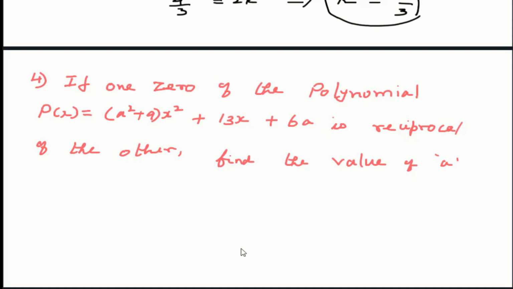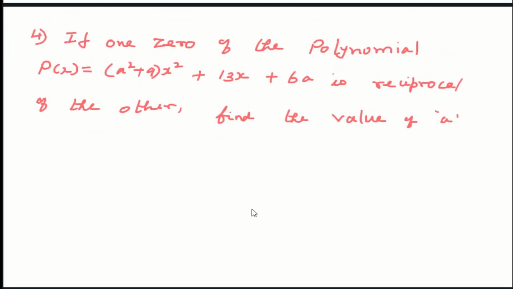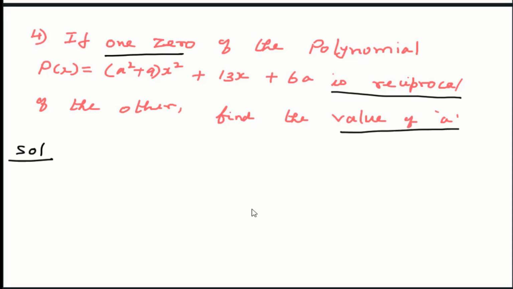If one zero of the polynomial is the reciprocal of the other, find the value of A. Here again, he didn't ask you what are the zeros, he's asking what is the value of A. So, what are the zeros here? Zeros are alpha and the other one is the reciprocal.